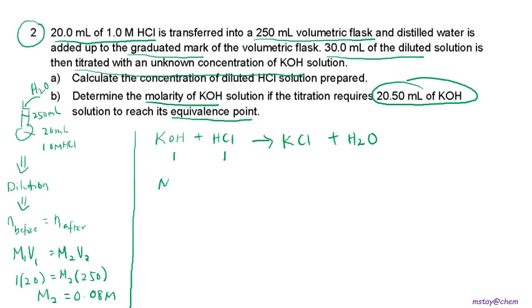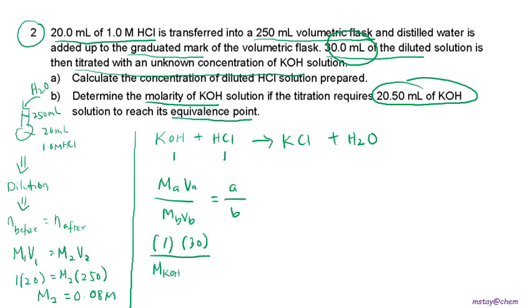So we can use the formula MAVA over MBVB equal to A over B. The concentration of the acid given in the question is 1 molar. The volume of the acid given here, 30 ml, is used to do the titration, over the concentration of the KOH, which we have no idea.